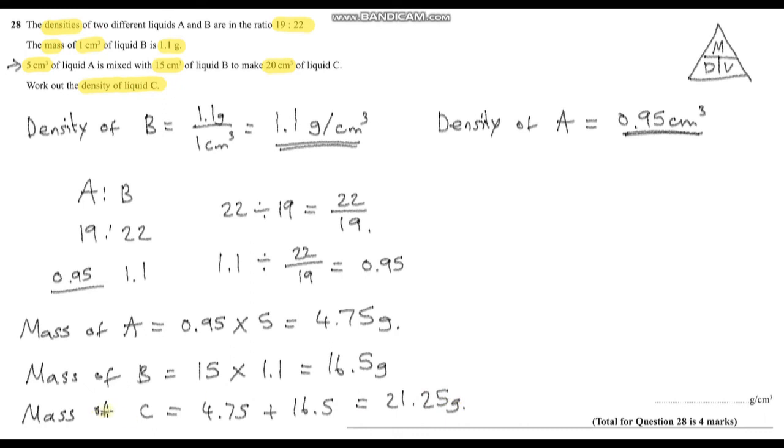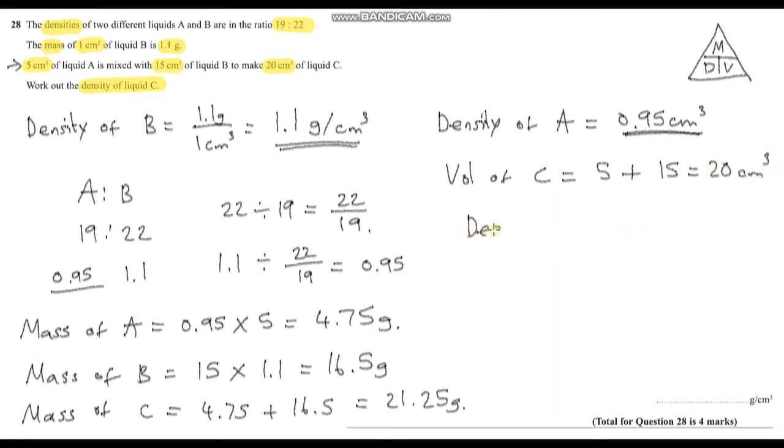So we've got the mass of C. We need to work out the volume of C, because remember, we're trying to work out the density of C. So the density of C will be the mass of C, which is 21.25, divided by the volume of C. The volume of C is a bit easier to calculate. We're just going to add the two volumes together. So it's just going to be 5 plus 15, which equals 20, and that is in centimetres cubed.